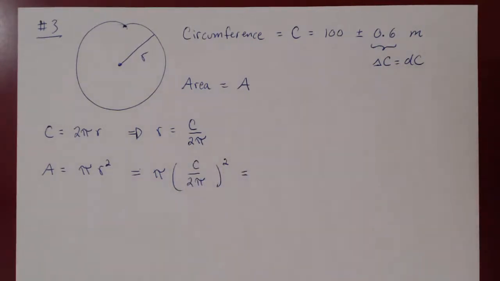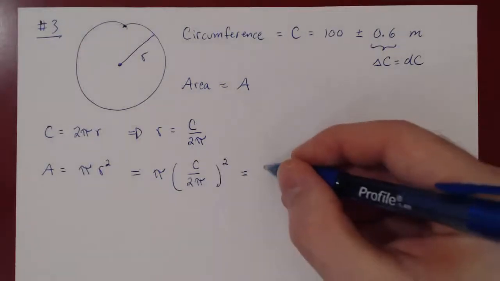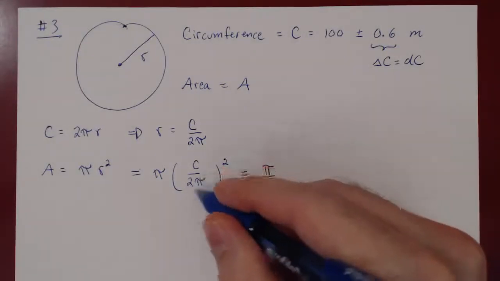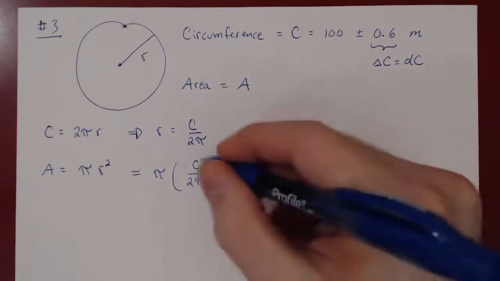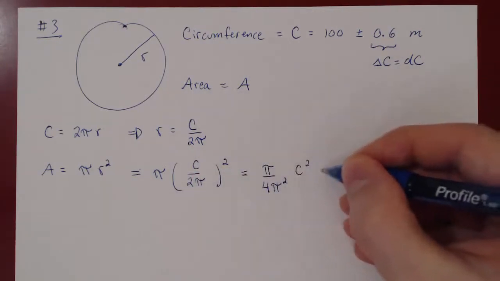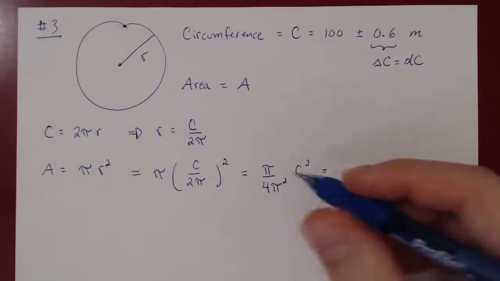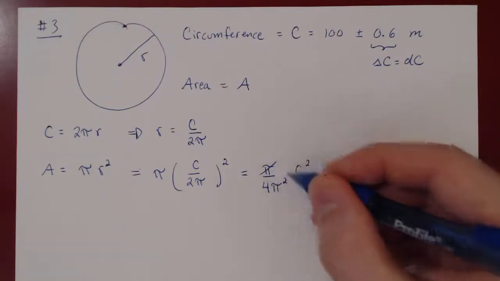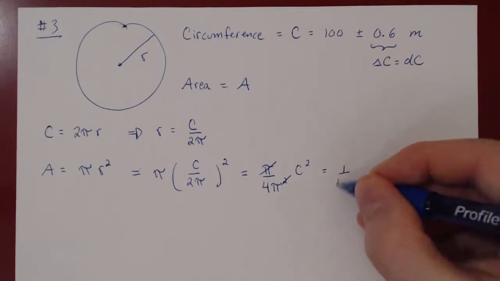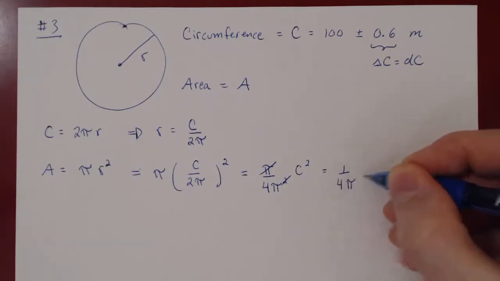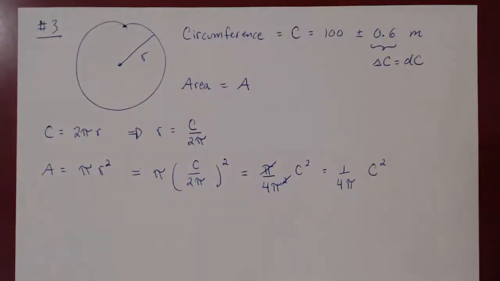Let's simplify a little bit. Square this, and you'll get pi over 4 pi squared, times the circumference squared. Well, pi over pi squared, you can cancel one of the pi's, so you're left with a pi on the bottom. So all you have is 1 over 4 pi, which is a constant multiple of C squared.